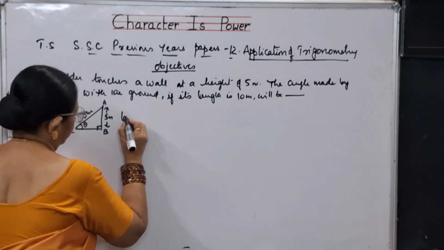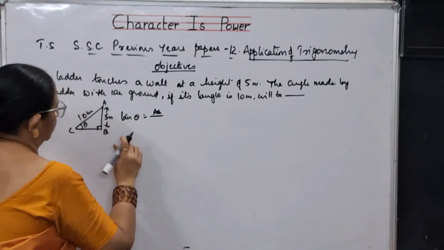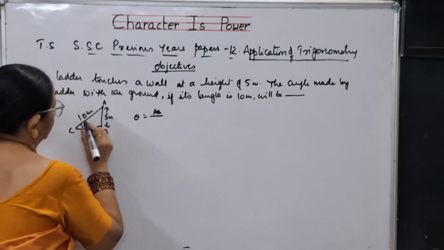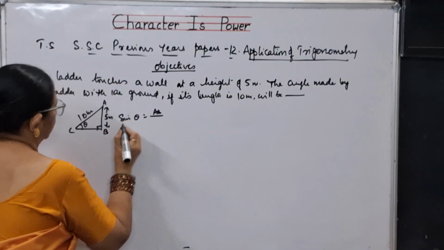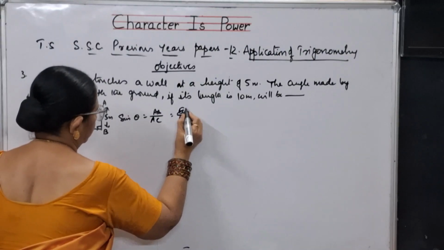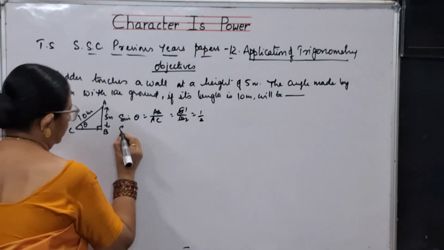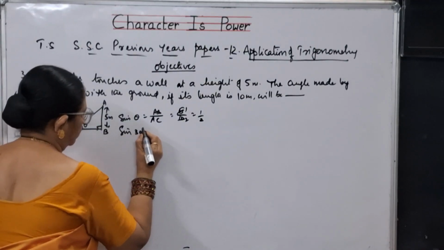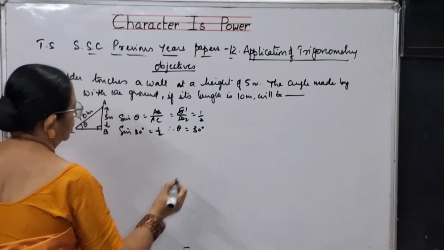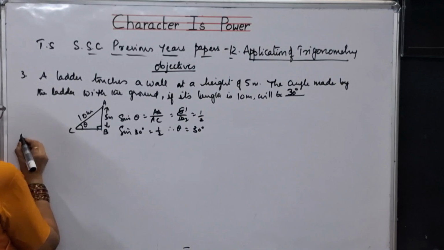Here we have to take sin theta, opposite side by hypotenuse. Sin theta is equal to AB by AC, that is equal to 5 by 10, 1 by 2. Just now we have done sin 30 degrees is equal to 1 by 2. Therefore, theta is 30 degrees. So the angle will be 30 degrees.